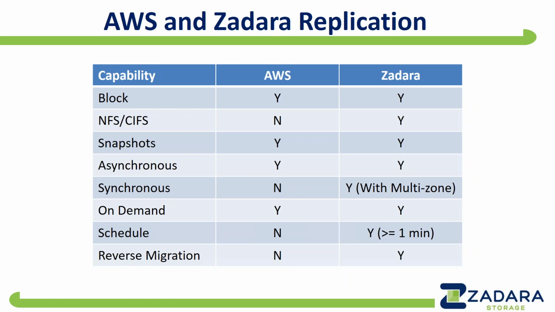Then any data that is changed on the disaster recovery site can get copied back, and that's what is called a reverse migration. It's all done at a snapshot level, so you can go back and forth between source and destination on a disaster recovery site.